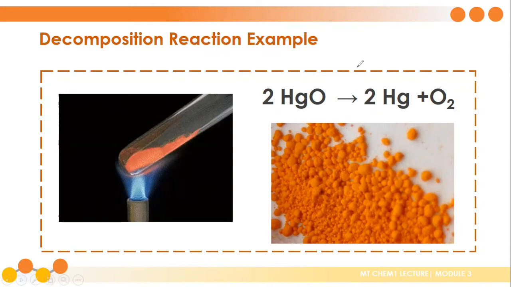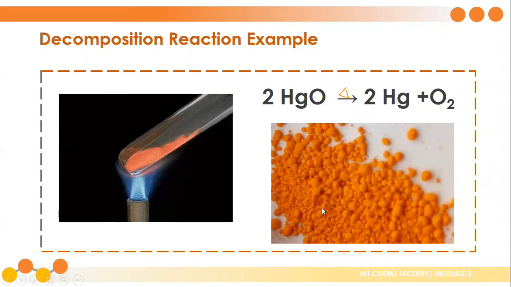If you are writing in a chemical equation form and it involves the use of heat, kindly put a triangle on top of our arrow to indicate that the compound was heated to produce a chemical reaction. So again, upon heating our compound, it produced two simpler substances, okay, which is mercury and oxygen.